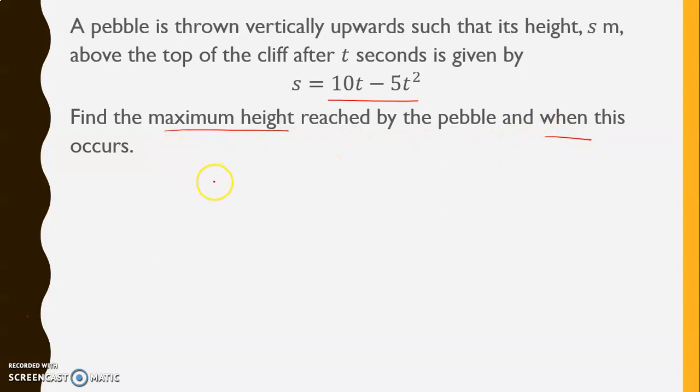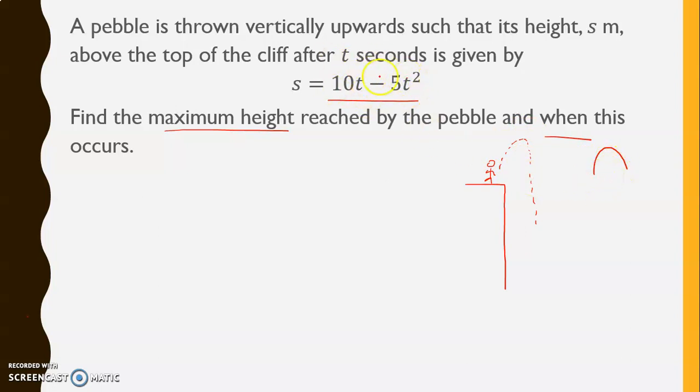As I always say with word problems, draw a sketch. So let's see. Here is the cliff. Here is little Johnny standing next to the cliff, and he decides to throw a pebble vertically up. The trajectory of the pebble is like an upside down parabola, right?